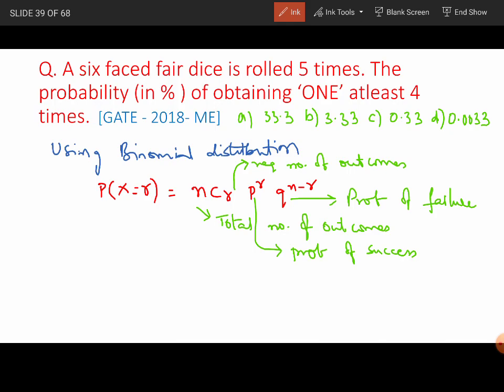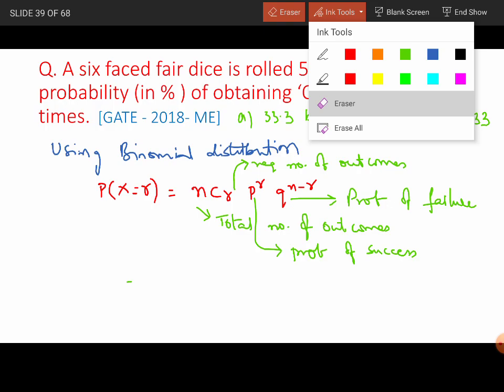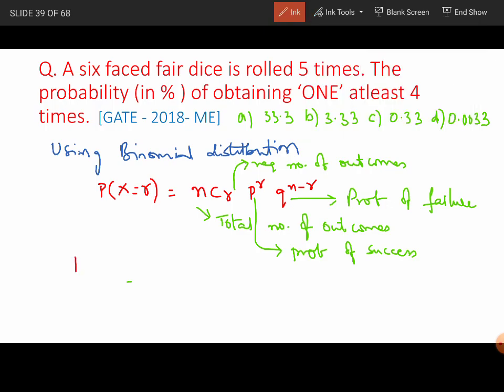So now P, the probability of success. From the question, obtaining 1 at least 4 times. So what is the probability that I obtain 1 when I roll the dice? You all know that the probability of 1 is equal to 1 by 6: 1 favorable outcome out of 6 possible outcomes.